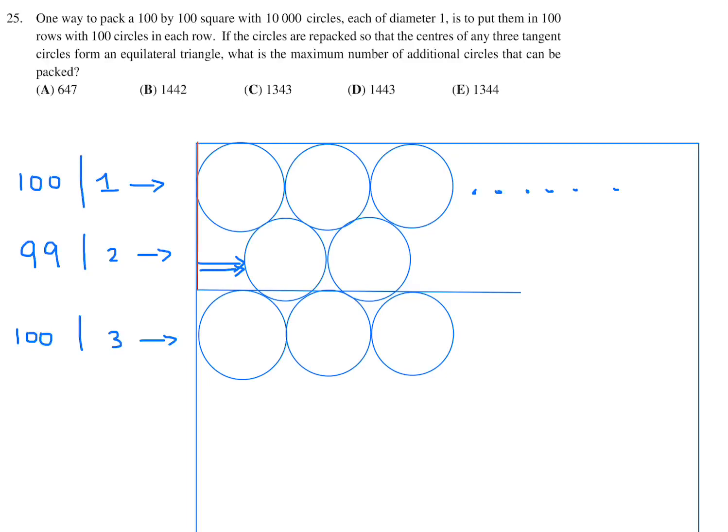This height is going to be very critical to our question. I'll label it H, because that is the height of a double row. And if we can figure that H out, we will be able to move forward with this question.